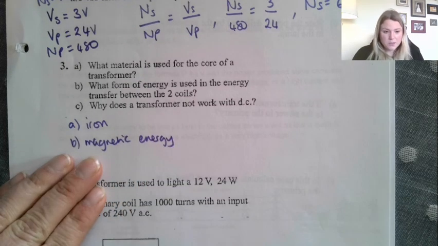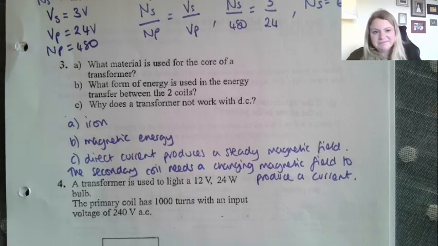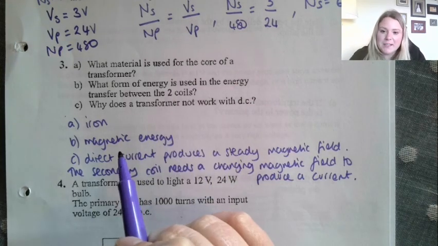Now, why does a transformer not work with DC? I think that was maybe one of your retrieval roulette questions today. No, I just checked back, it wasn't. Sorry, I must have just looked at the question whenever I was getting it sorted. Anyway, why does a transformer not work with DC?